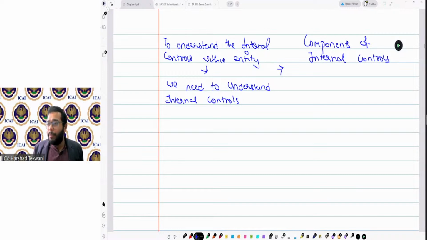Who can tell me which are the components of internal controls? If you want to understand the internal controls within the entity, you need to understand its components. Which are the components that are there?